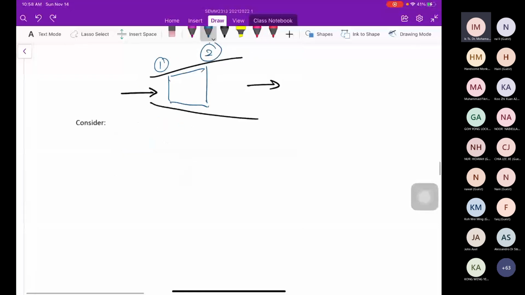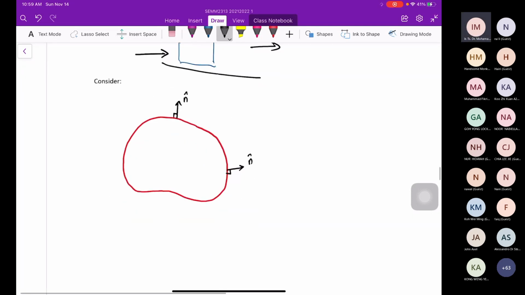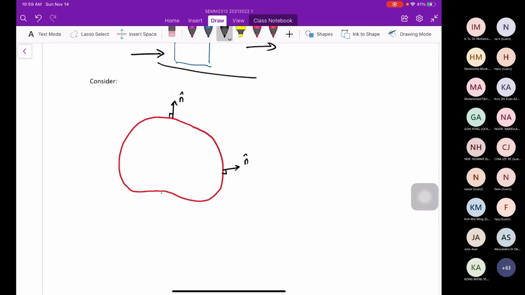So consider we have multiple inlets and outlets. We have something like this. Alright, we have the flow. We have the flow out of the control volume, which is the normal vector. Then we have maybe the second one, and maybe this one. Alright, and then we have the mass entering.